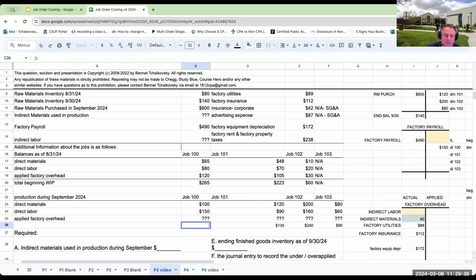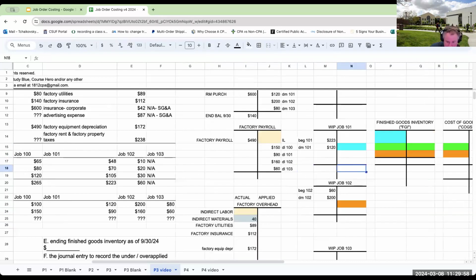My direct labor for job 101 was at 90. My direct labor for job 102 was 160. My direct labor for job 103 was 160 and then 60 right over here.